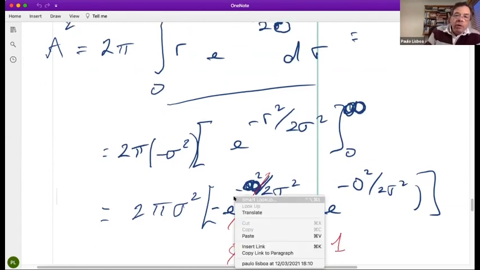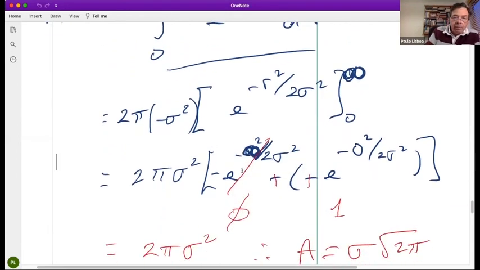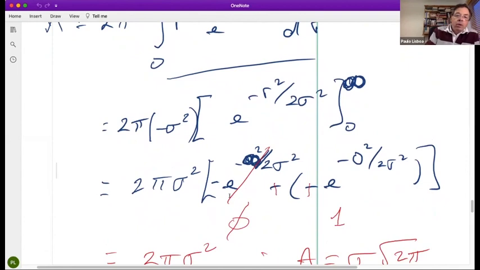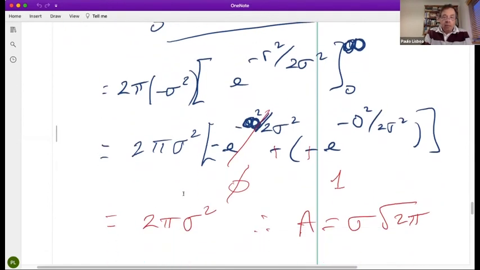At infinity, you have e to the minus infinity, and e to the minus infinity is 0. So that term disappears because it becomes 0. This term at the lower limit is e to the minus 0, and anything to the power of 0 is 1. So that gives you 1, and therefore your whole integral just becomes 2 pi sigma square.